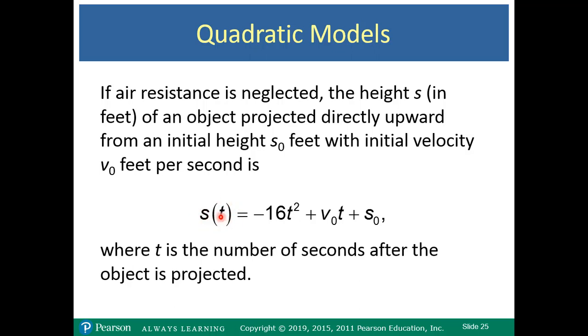So s of t is equal to negative 16 t squared plus the initial velocity times t plus the initial height. t is the number of seconds after the object is projected, and this gives the trajectory of the object going up and down.